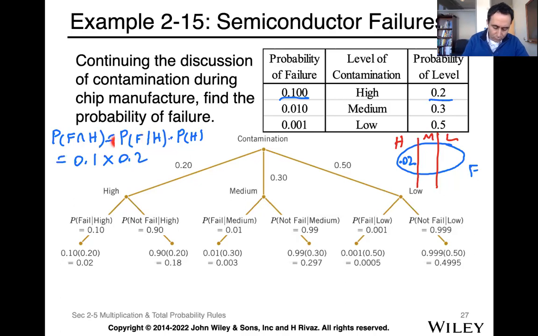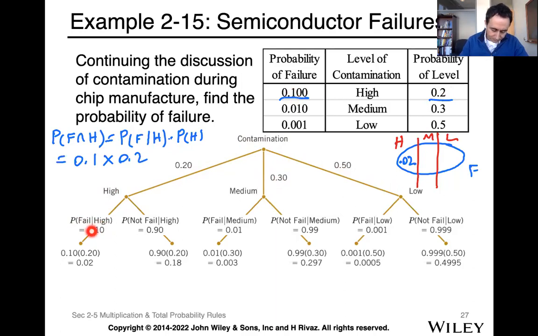So this is one approach. We can also use the tree diagram, right? So here at the roots, I have three options. Either I have high contamination with a chance of 0.2, medium contamination with a chance of 0.3, and low contamination with a chance of 0.5. If I have high contamination, the probability of failure given high is 10%.